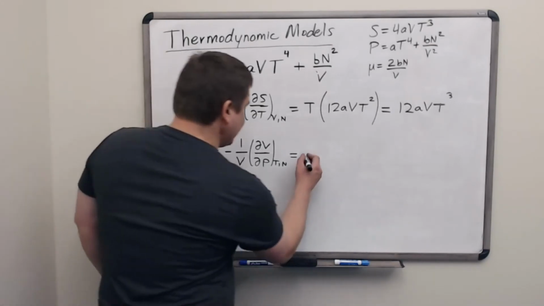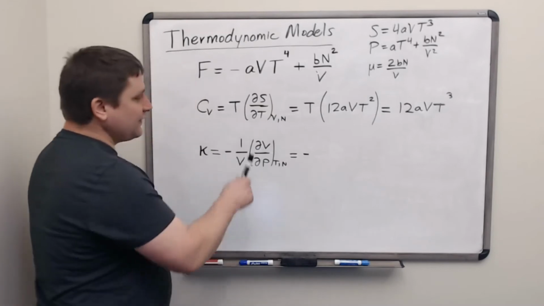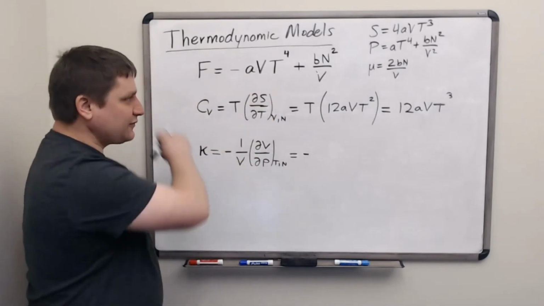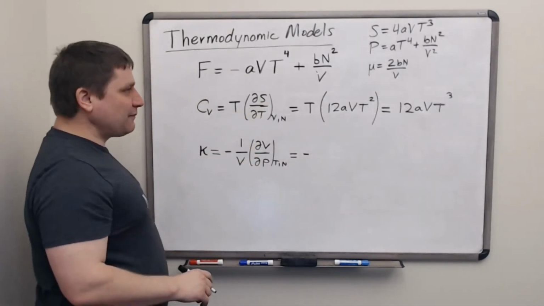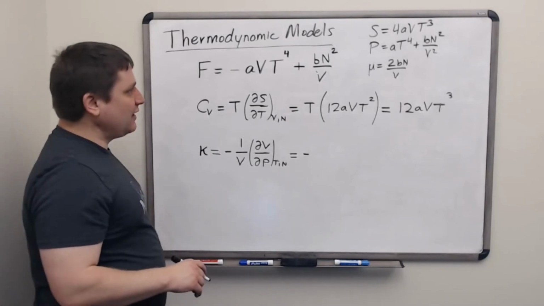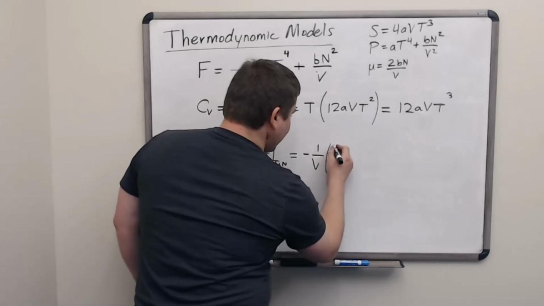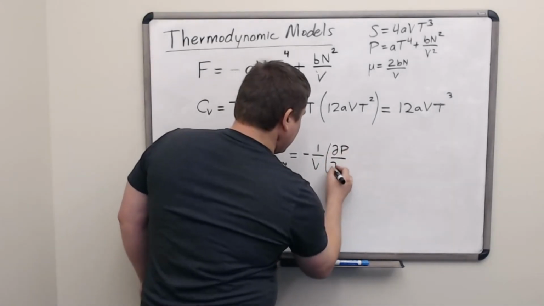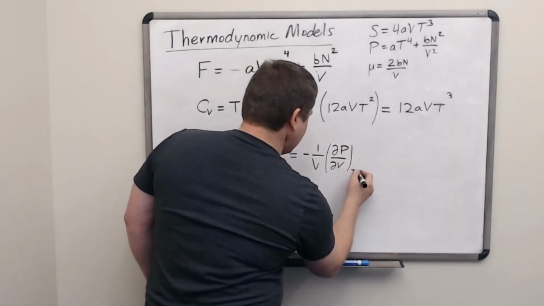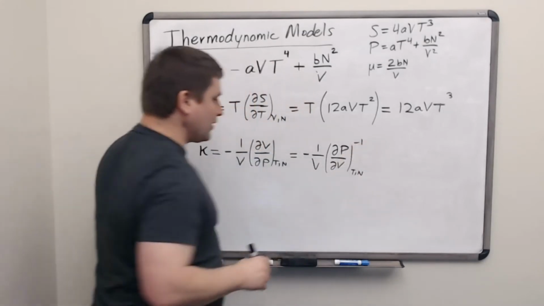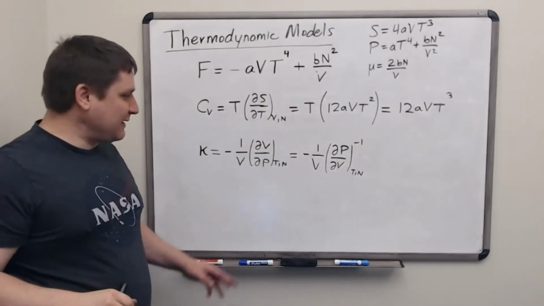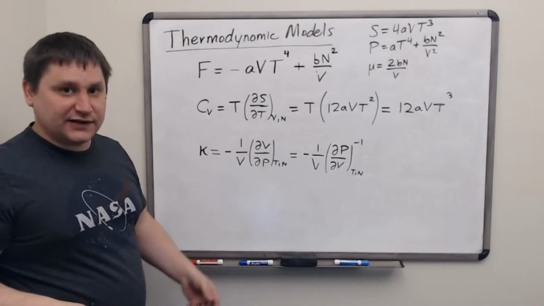Notice that this derivative would be much easier to do if the function on top was the pressure, since we have an explicit formula for the pressure and we don't need to solve another step. We can exploit that by using the inverse rule. We're allowed to take the derivative of pressure with respect to volume first and then invert the answer.